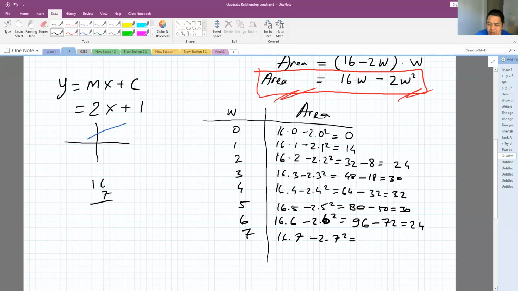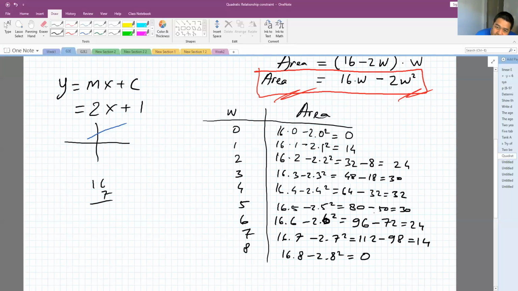That is 112, right? And then minus 98. So that gives me 14. And then lastly, when the width equals 8, 16 times 8 minus 2 times 8 squared. So, well, actually, if you calculate this number, it will give you 0.